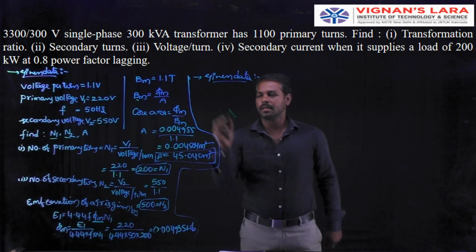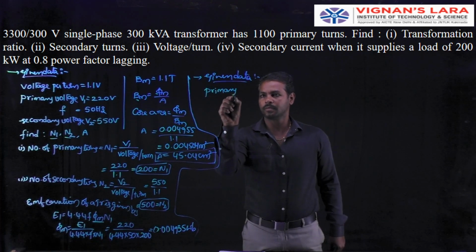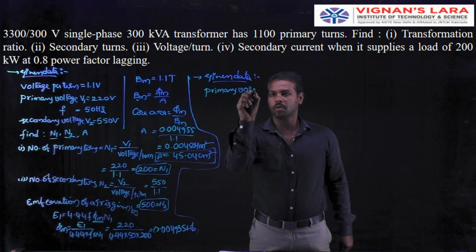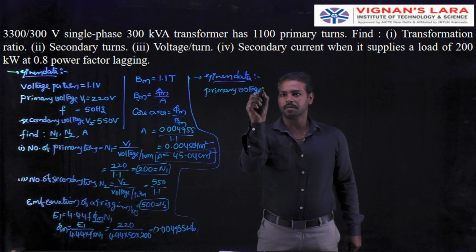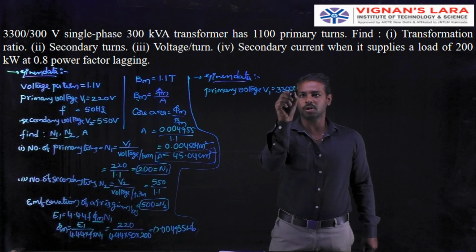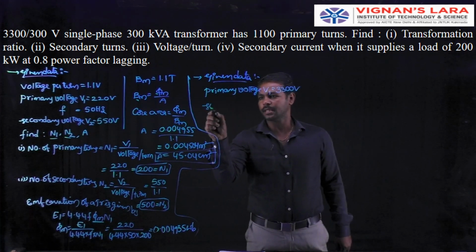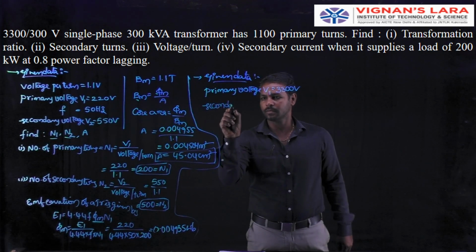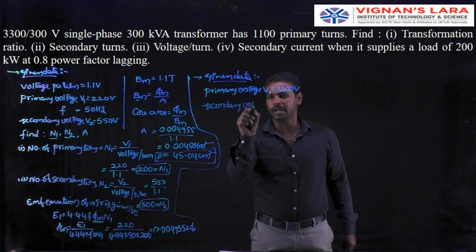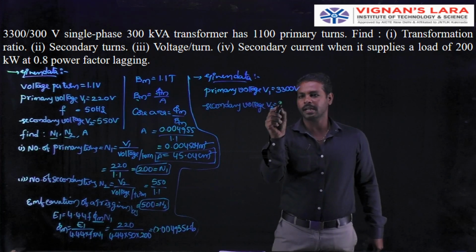In this, primary voltage V1 is equal to 3300 volts. Secondary voltage V2 is equal to 300 volts.